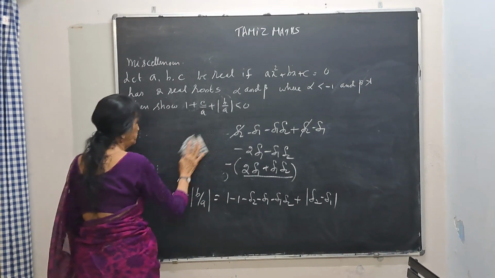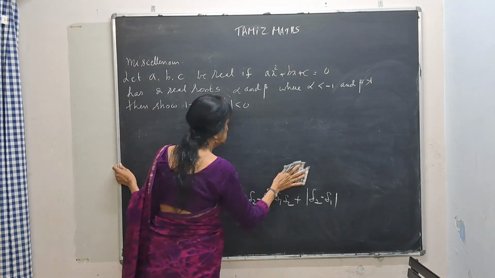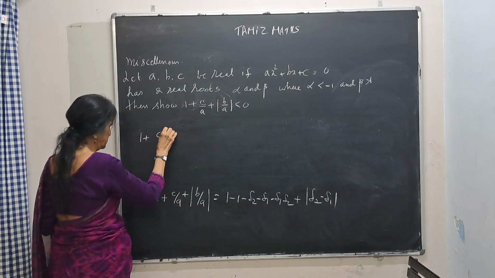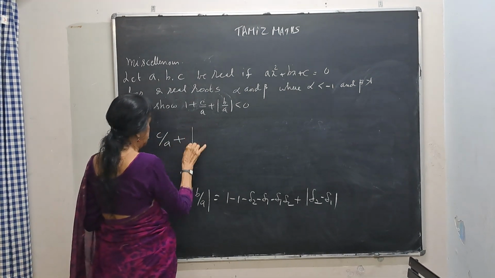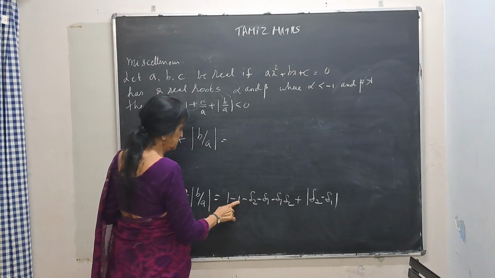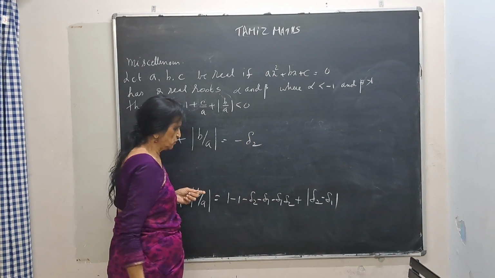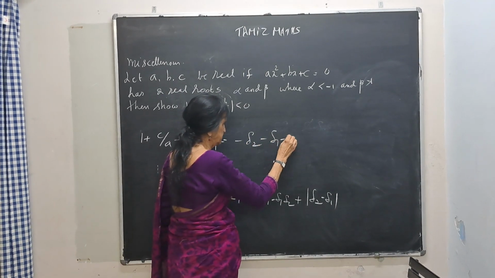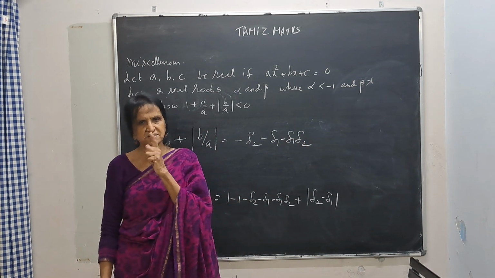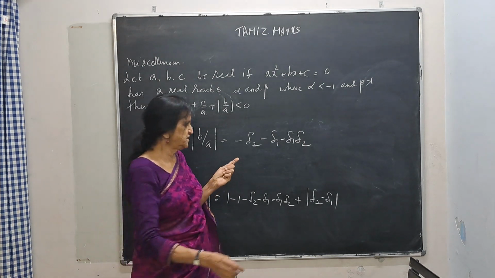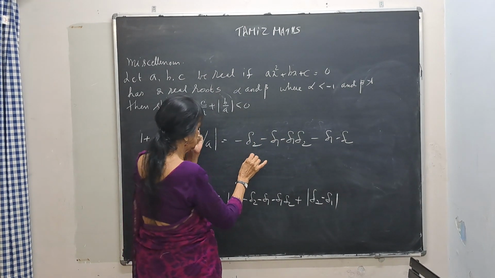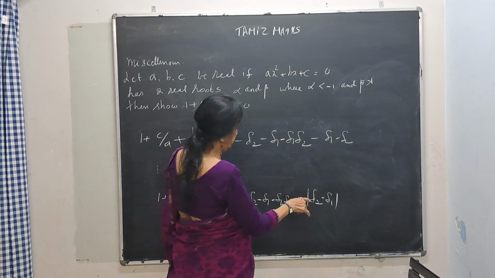Case 2. 1 plus c by a plus modulus of b by a is equal to this 1 and this 1 will get cancelled, minus del 2 minus del 1 minus del 1 del 2. If del 2 minus del 1 is negative, then it will be minus of that.